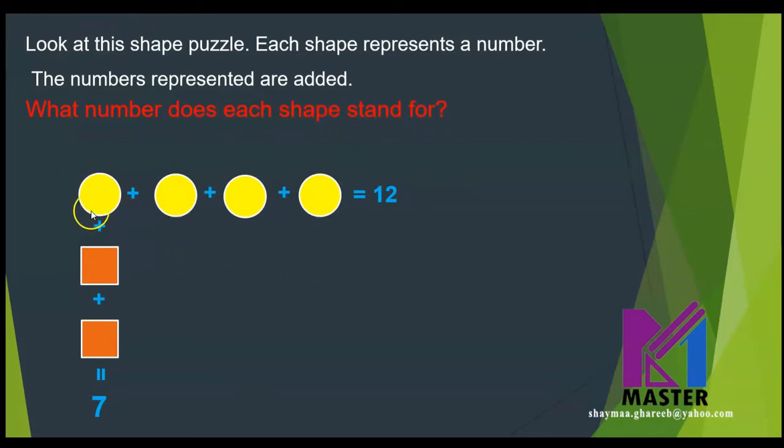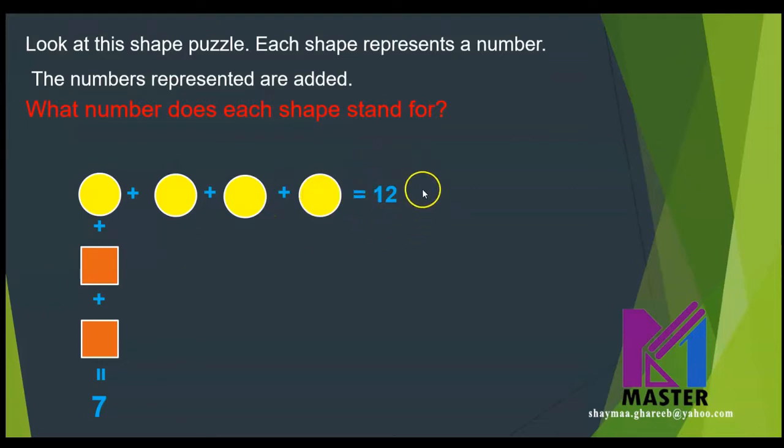So let's start with the circles. I have 4 identical circles and the sum of them is 12. And each circle has a number and all of them are the same, as we said before. How to get the value of each circle?